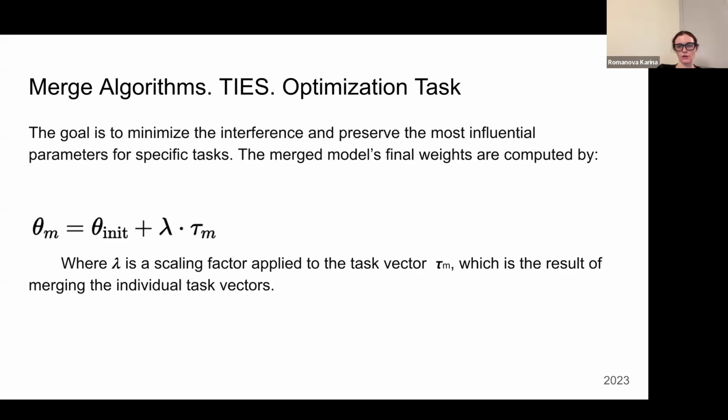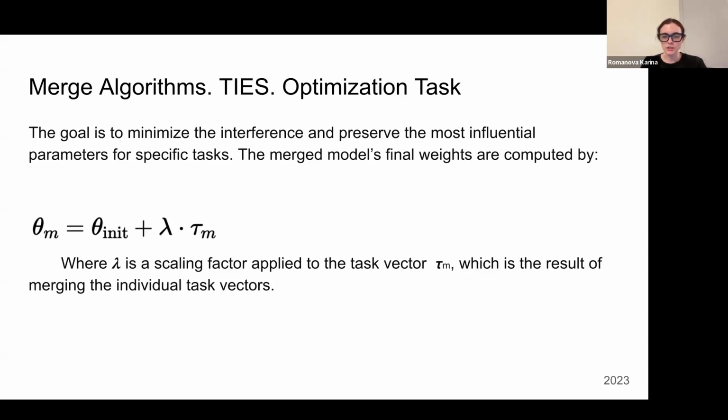So the optimization task of the TIES method addresses two primary sources of interference when merging models: redundant parameter values and sign disagreements across models.